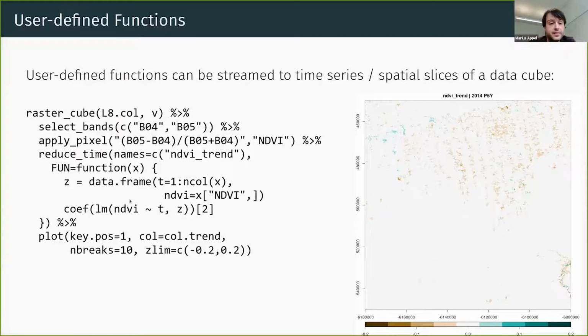In this case, I'm accessing the one time series in this R function, converted to a data frame, and just apply a linear model and return the slope of the regression line that was fitted to all the time series. So that would be a very simple, naive way to calculate something like the trend over time of the NDVI values.